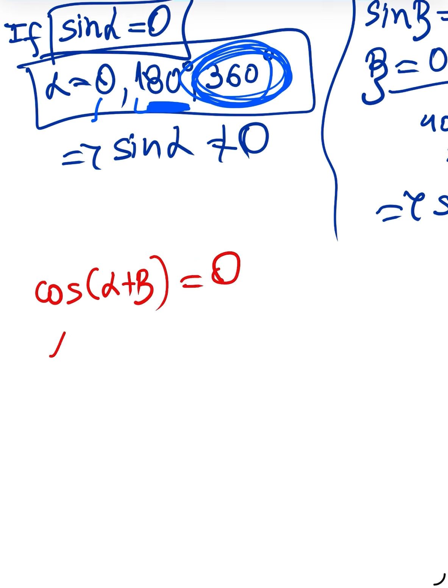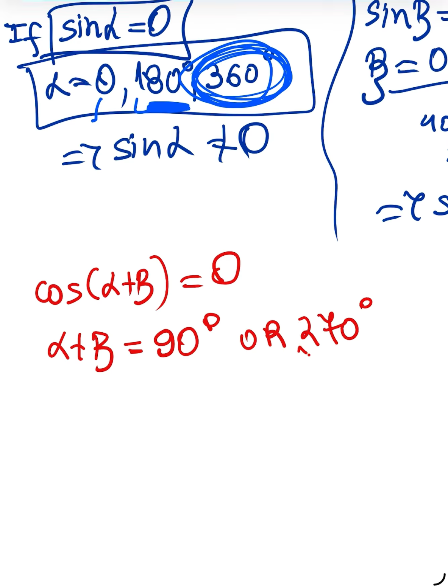Alpha plus beta should be equal to 90 degrees, yeah? Because cosine alpha plus beta is equal to 0 only when alpha plus beta is equal to 90 degrees or 270 degrees.